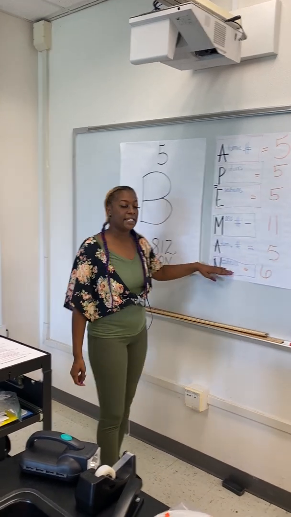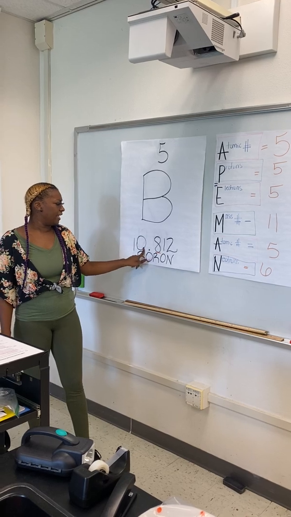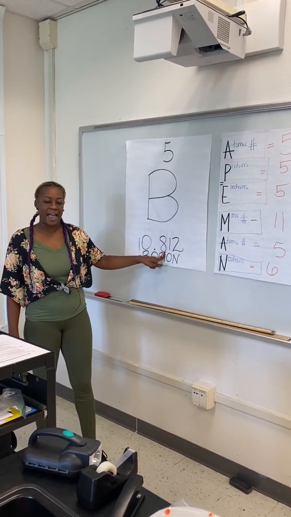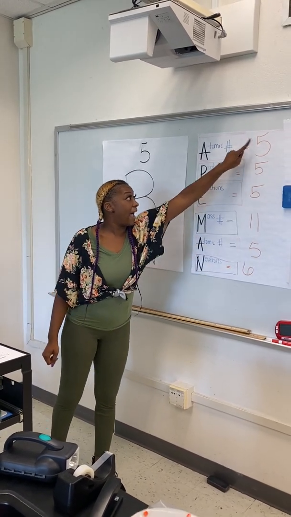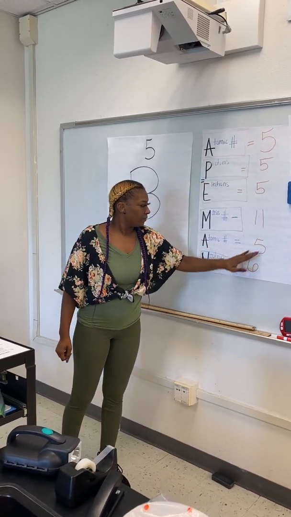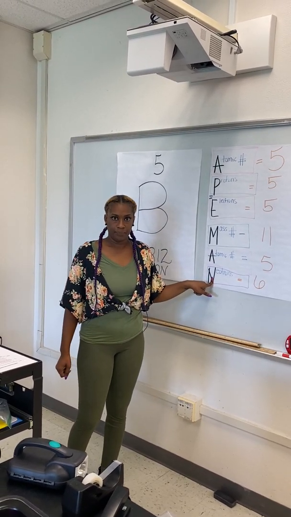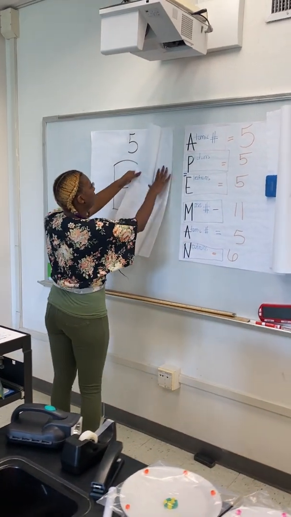We need to calculate to get our neutrons for boron. We rounded this 10 up to 11 because the number after the decimal was 5 or more. We went up to 11, subtracted our atomic number, 5, and got 6 neutrons. Okay? We got that? Now, let's move on.